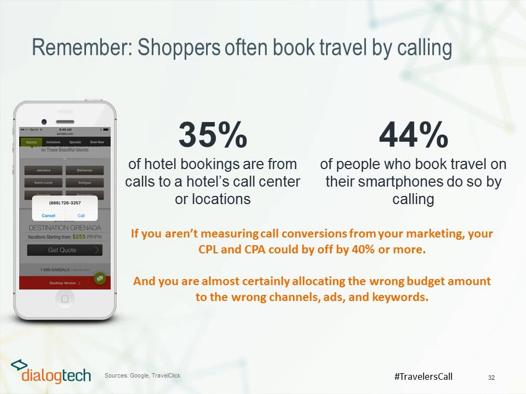I don't mean that in a mean or pejorative way. It's just wrong. And so it's critical to do a baseline of what your true CPL and CPA is to start with. And then once you have that data, you can start to allocate funds in a way to optimize your marketing programs to actually drive more of the kind of calls that are the good kind of calls.